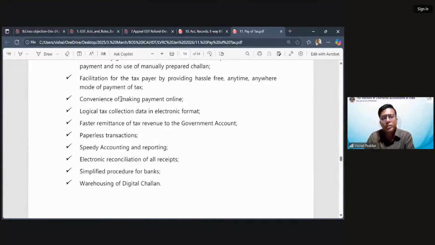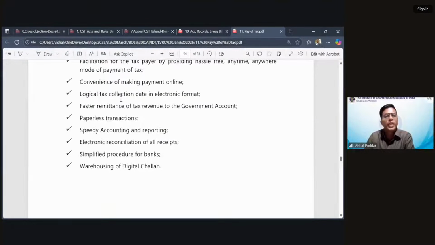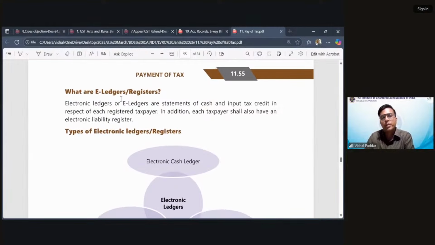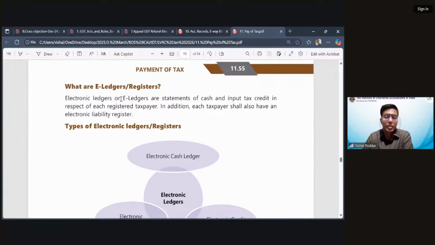You can generate the challan on the portal by first logging into your portal, and using that challan, you can make payment using the different modes of payment that we are going to study, which is physical mode also and online mode also. As I mentioned, for making the payment, you require different ledgers. What are these ledgers?